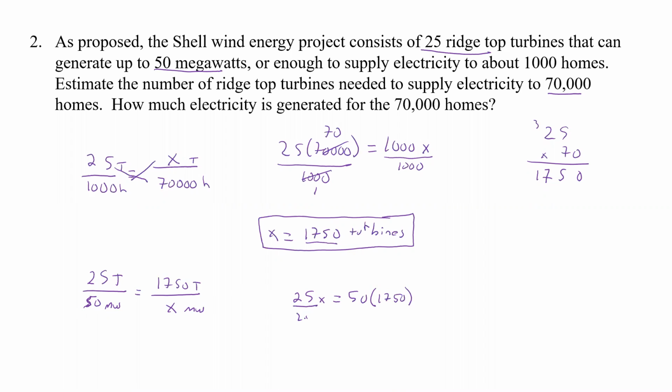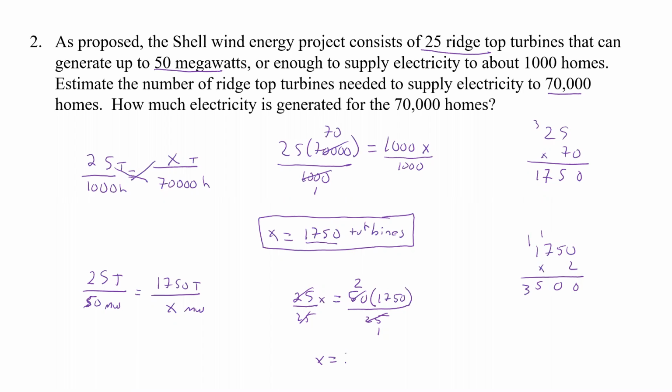So we divide by 25, we divide by 25, so those cancel. Well, here 25 goes in here once and it goes in here twice. So X is just going to be 1750 times 2. So that's going to be 0. Then we're going to have 10. That's going to be 15. That's going to be 3.